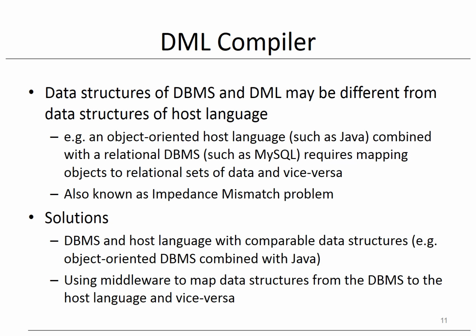In other words, we combine Java with an object-oriented DBMS, which will allow transparent retrieval and storage of data. As an alternative, we could also opt to use middleware to map the data structures from the DBMS to the host language and vice versa. Both options have their pros and cons and will be discussed more extensively in later chapters.